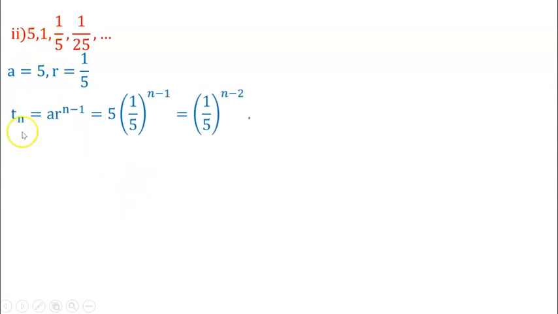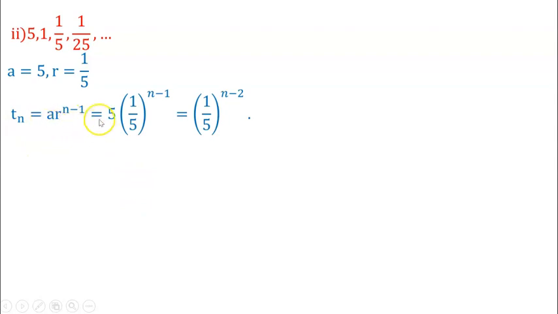Now next, second: 5, 1, 1 upon 5, 1 upon 25. And here again, the first term A is equal to 5. What about the R? The common ratio is 1 upon 5. Therefore, Tn is equal to A into r raised to n minus 1.